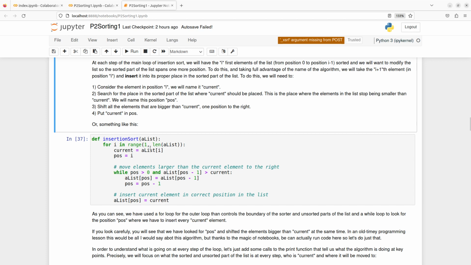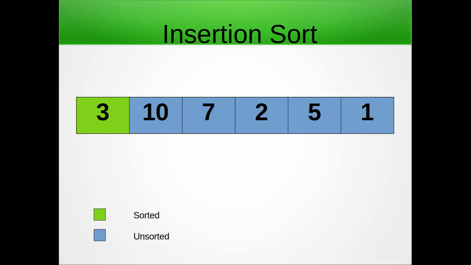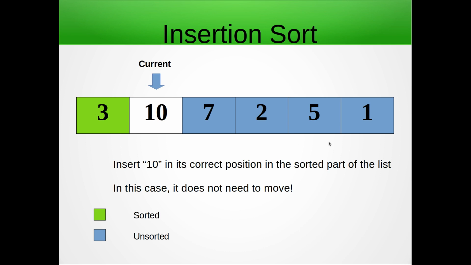I can see that here because my loop starts at 1. So I can say that when I begin the execution of my algorithm, the sorted part of my list contains exactly one element, 3 in this case, and the unsorted part of my list contains all the other elements.